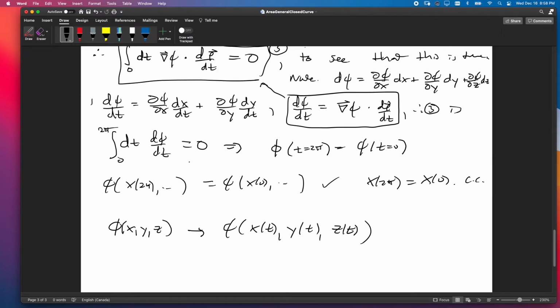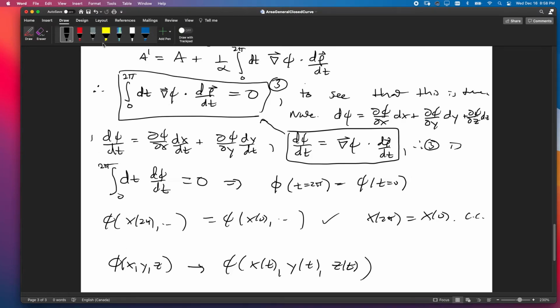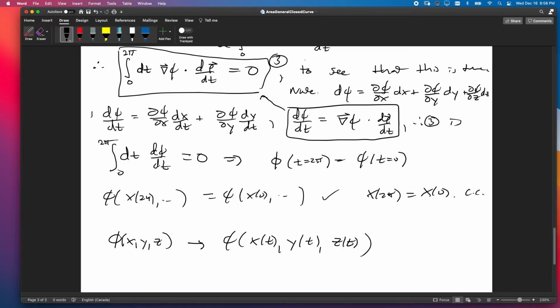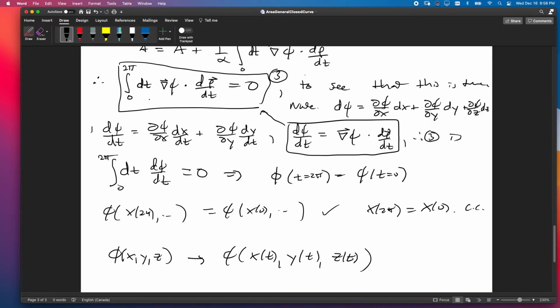And we integrate that around the boundary, we will get 0. For any choice of phi, when we integrate this around the boundary, we will get 0.